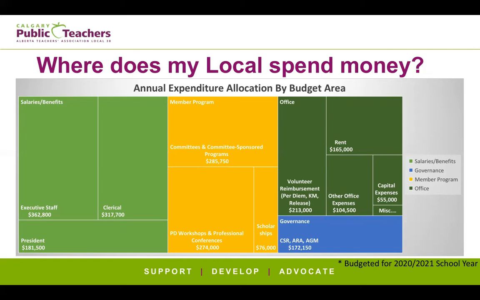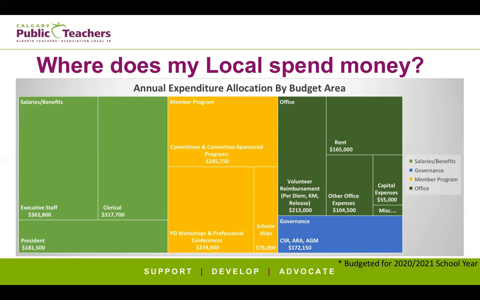There are PD workshops and professional conferences that are funded by the local for our own members. And then there's a variety of other programs and committee-related expenditures that are directly in service of members that make up the remainder of that member program area. And then there's a variety of costs for things like rent, volunteer reimbursements.